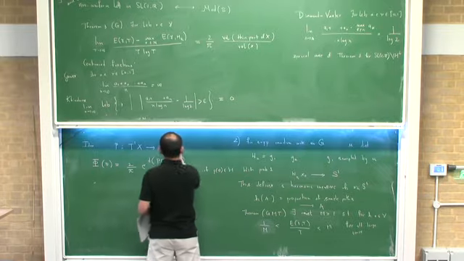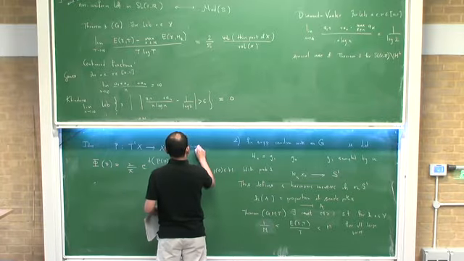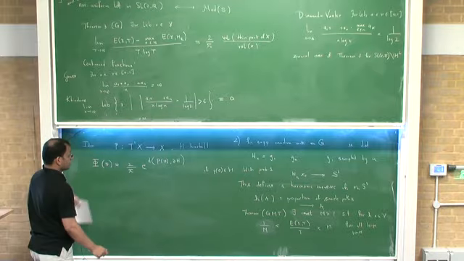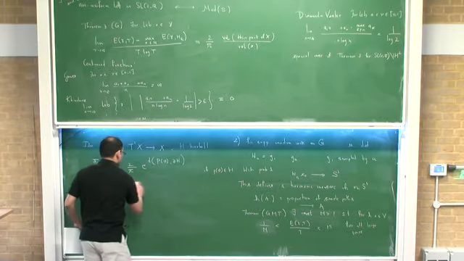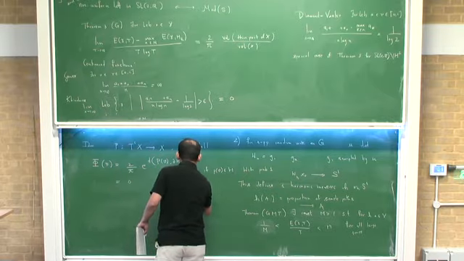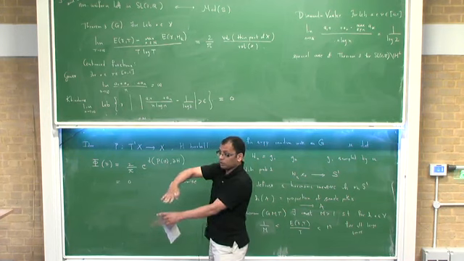So H is a hyperbole. We take this function and it's 0 otherwise.